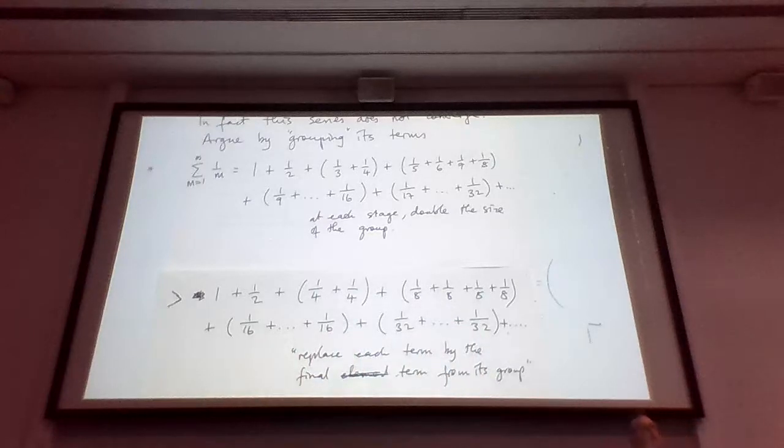But this we can attach, we know precisely what the value of each group is. You've got 1, a half, then you've got 2 quarters, which is of course a half. And you've got 4 eighths, which is of course a half. You've got 8 sixteenths, which is of course a half. 16 32nds, which is of course a half.